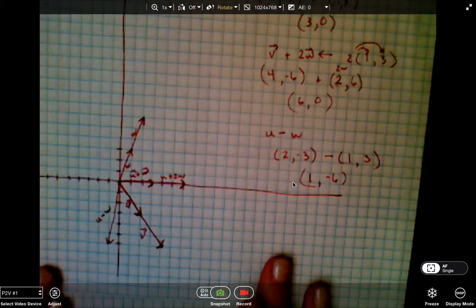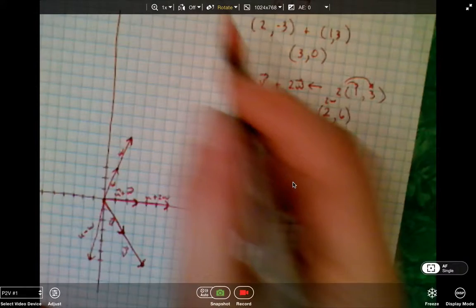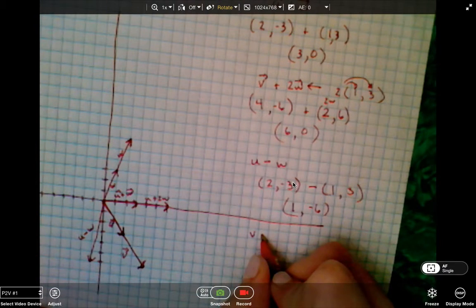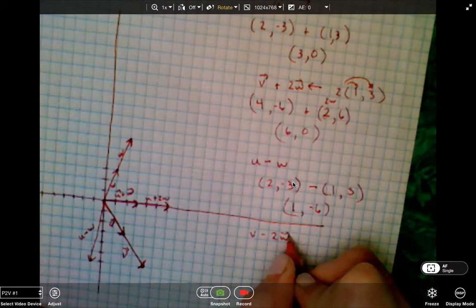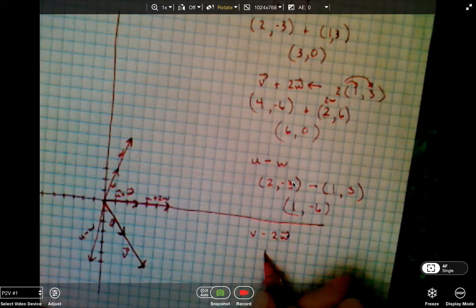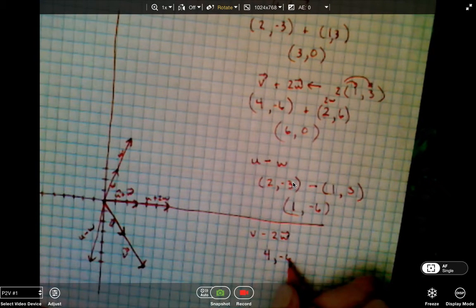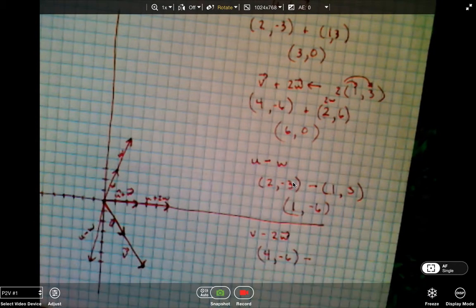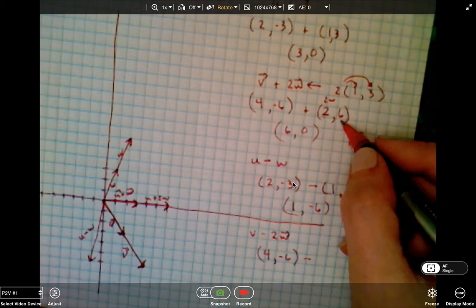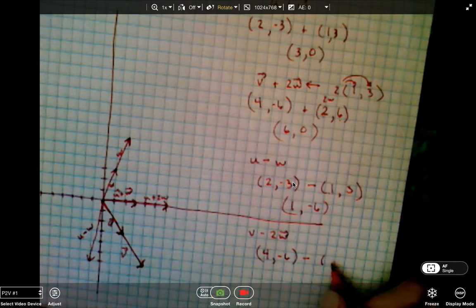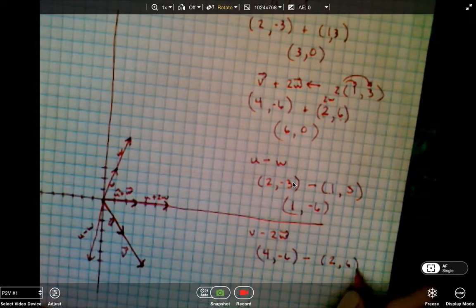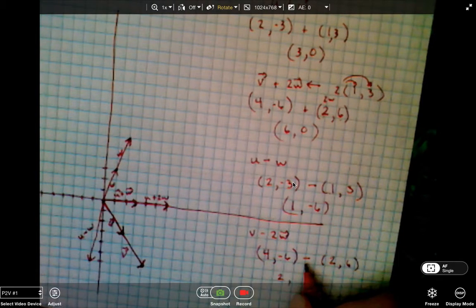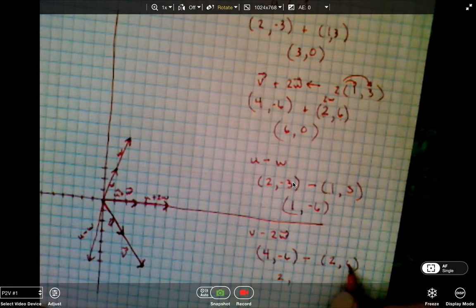And then we're going to do v minus 2w. So 4, -6 minus 2w, which we calculated up here, to be 2, 6. So 4 minus 2 is 2, and -6 minus 6 is -12.